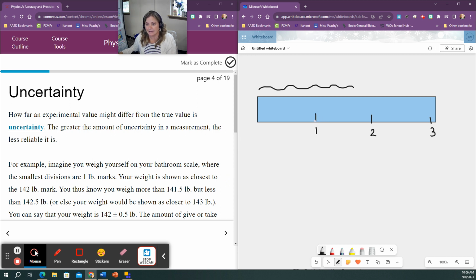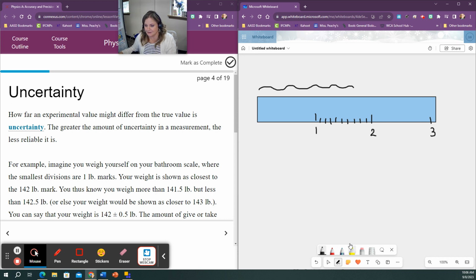If I start adding millimeter marks, so this is 1.5, 1, 2, 3, 4. Now I can be more precise.